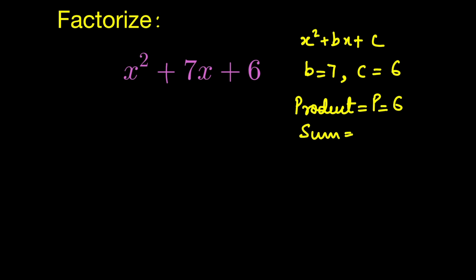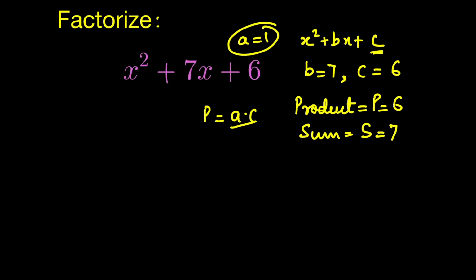Since the a value is 1 here, normally the product is a times c, so a is 1 and c is 6, so the product is 6. And the sum is the b value, which is 7. Just remember this, and now we start with the factorization.